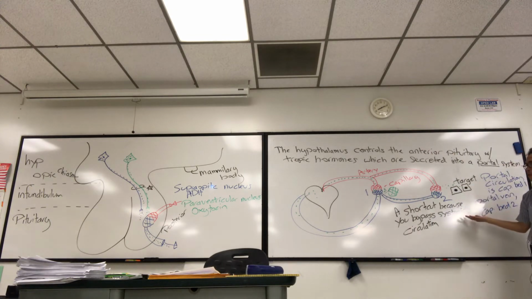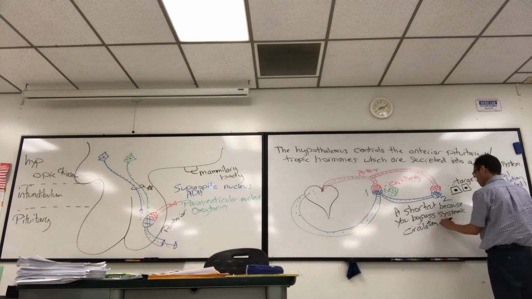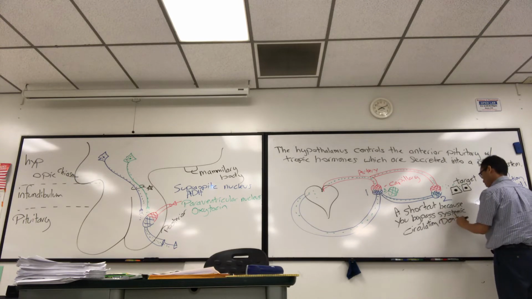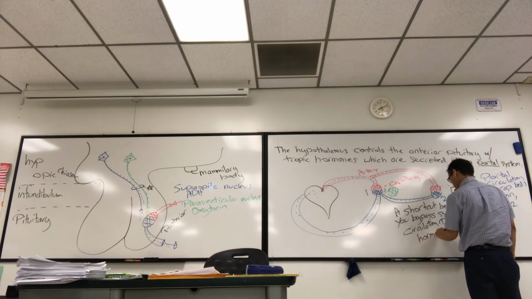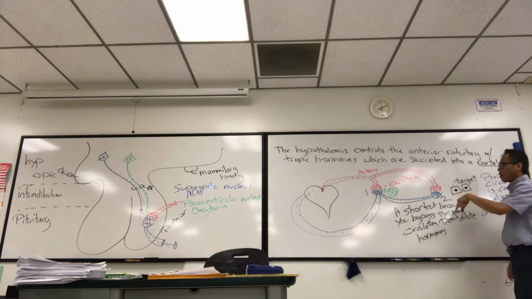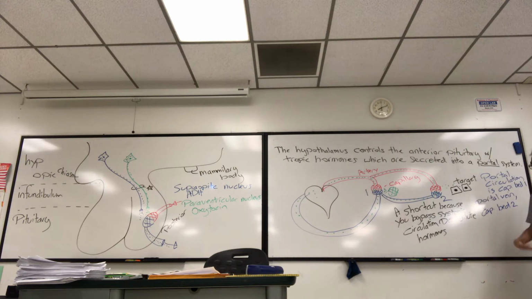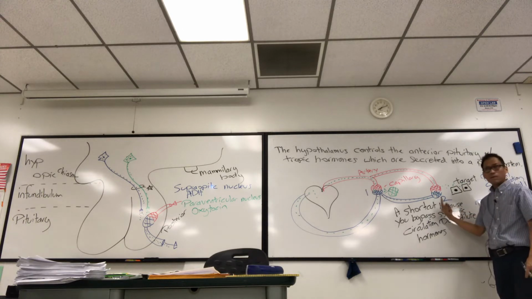You don't dilute the hormones with the entire blood volume, right? It's very effective. Throw that out there. You don't dilute hormones. Because if you got to go all the way through systemic circulation, the entire blood volume is diluting whatever you secreted. But if you got a straight shot, there's no dilution there.